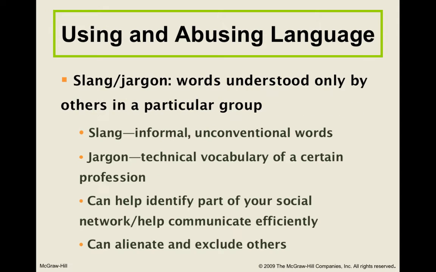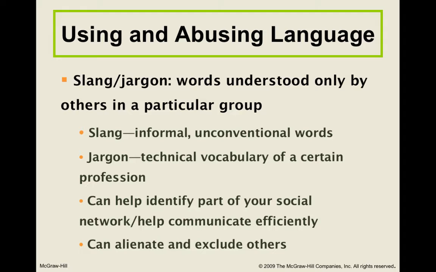Slang and jargon are the language of co-cultures or subcultures, and slang is the informal, unconventional use of language that's only understood by members of particular groups. And jargon is technical vocabulary that's related to certain professions or occupations, like medical terminology, engineering, law enforcement, nursing, things like that.